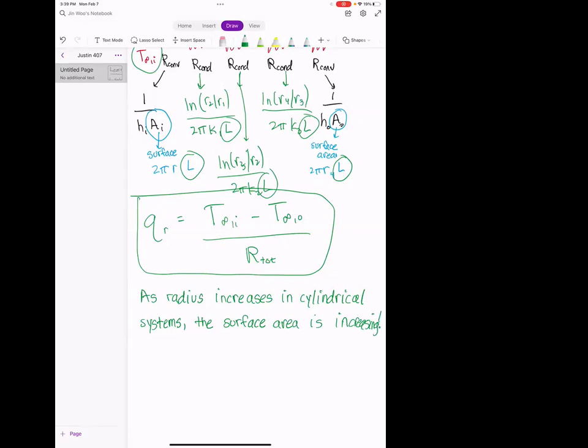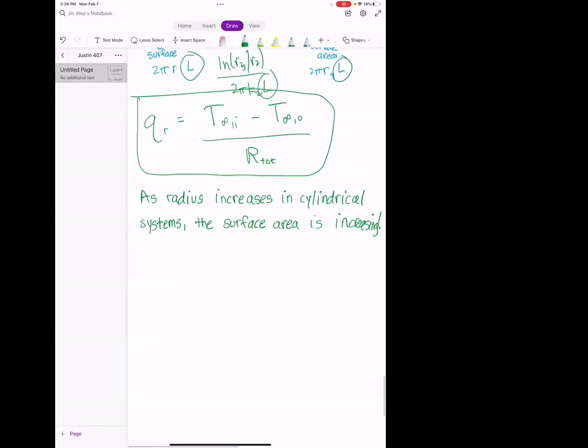That's unique, something that we didn't have in planar systems. To illustrate a really interesting case, let me give you a simple case study. Let's say that we have a cylinder. It's going to be a hollow cylinder.